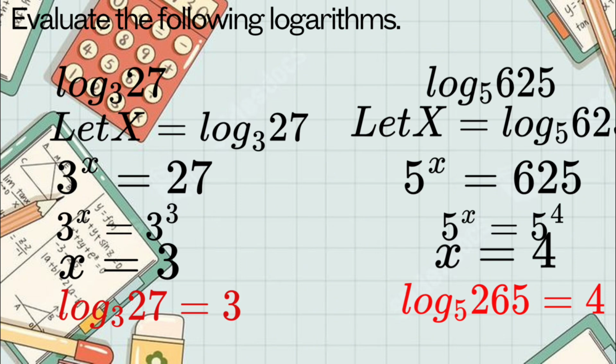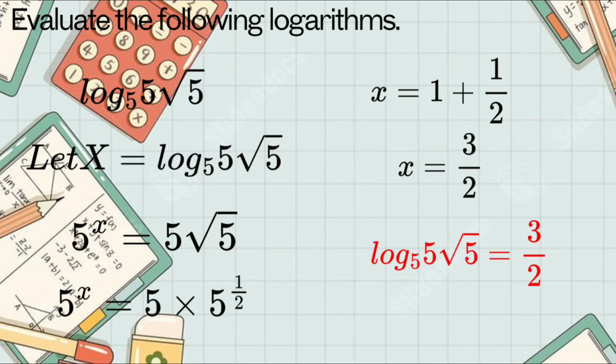Why 5 raised to the power of 4? Because 5 to the power of 4 is equal to 625. As I said, we only get the exponent, which is x is equal to 4, and that is the answer. So, log 625 to the base 5 is equal to 4.